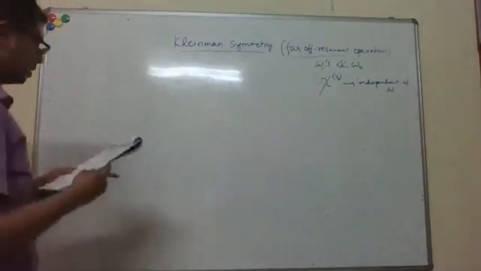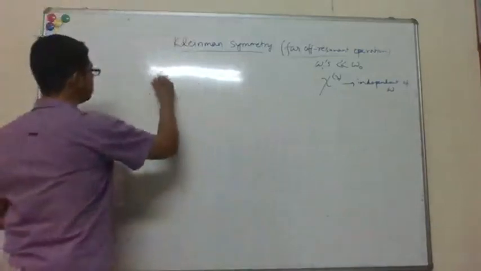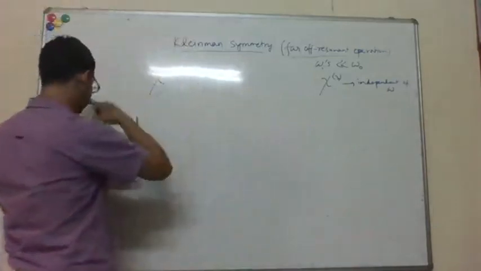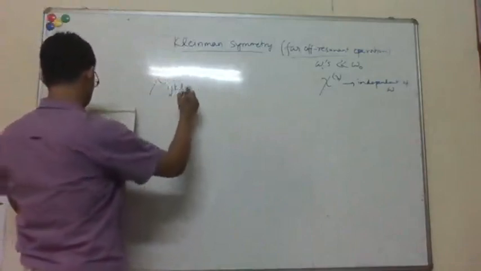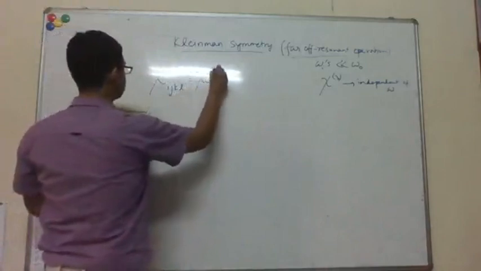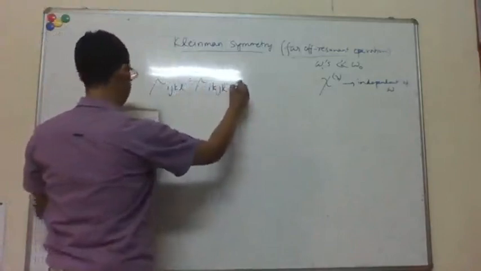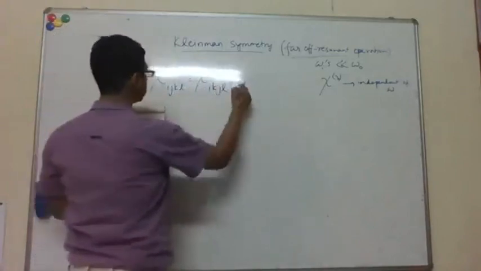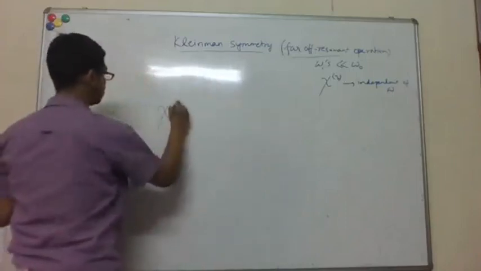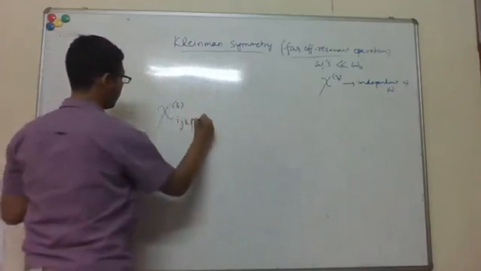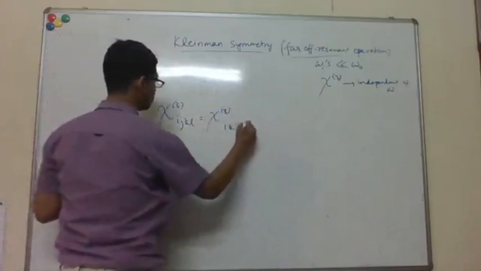Okay, and under this condition, basically what happens is if you permute the indices, so like I, J, K, L becomes the same as I, K, J, L. So you can permute the indices in whatever fashion you want.